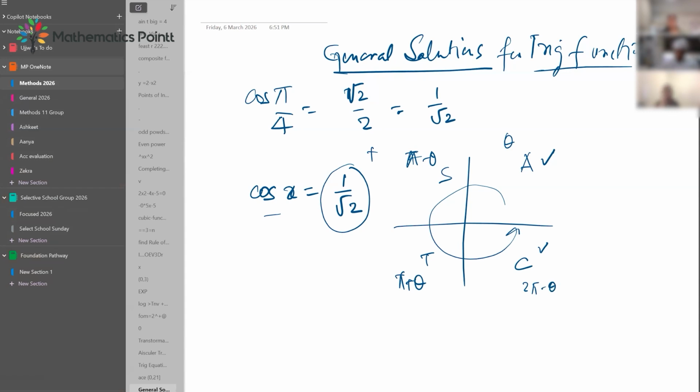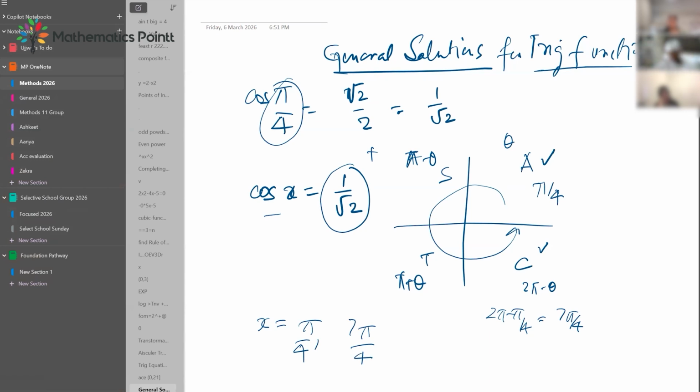My theta value, the reference angle, is pi on 4. And my second value would be 2 pi take away pi on 4, which is 7 pi on 4. So now I got x equals pi on 4 and 7 pi on 4.